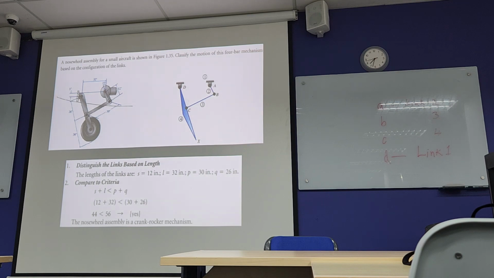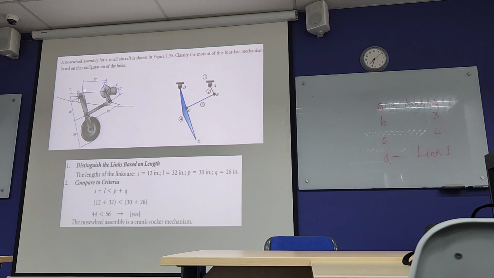Basically you have four links here. This is the crank, link 2. It is grounded here, and it is also grounded here. So this is a ground link, and this is a ground link. This connecting rod is link 3.